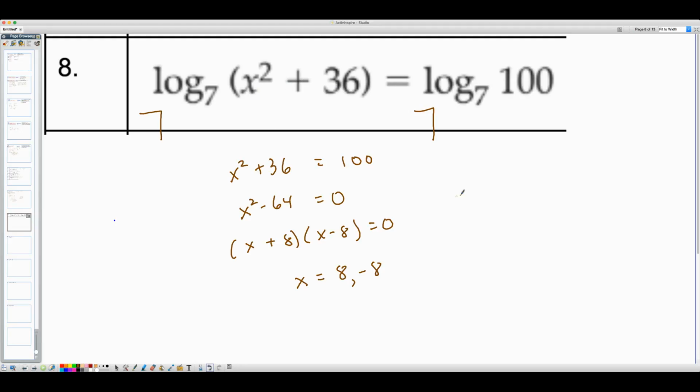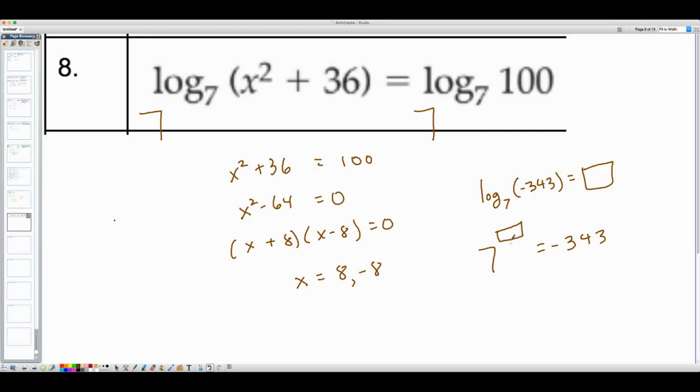Why can't you have a negative log? Let's think about that for a minute. If I have a log in, let's say, base 7 of negative 343, what power do you raise 7 to in order to get to negative 343? That's what this is saying.